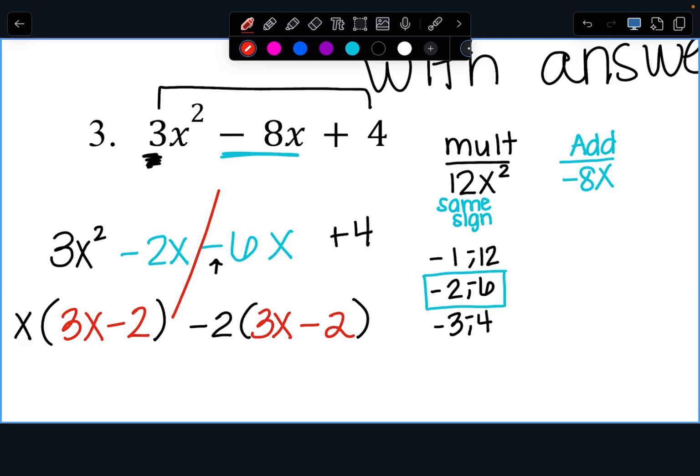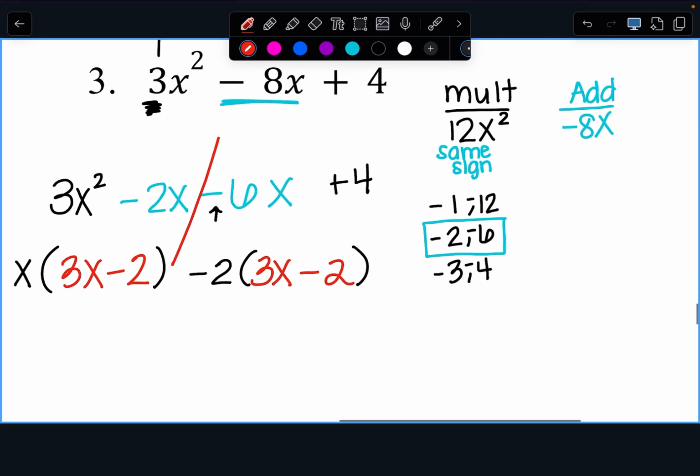That's how we get the same thing in both. So what is the same on both sides? The 3x minus 2. And the pieces that were in front are x minus 2.